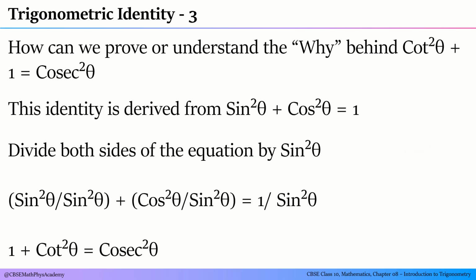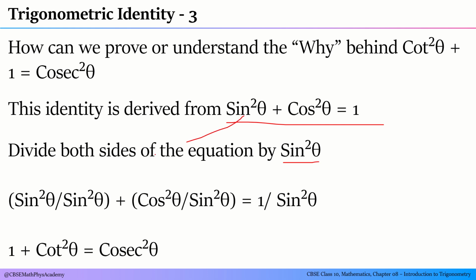So now, how do we understand the proof that cot square theta plus 1 is equal to cosec square theta? This is derived from the first identity, sine square theta plus cos square theta is equal to 1. Now I'm going to divide the entire equation by sine square theta.